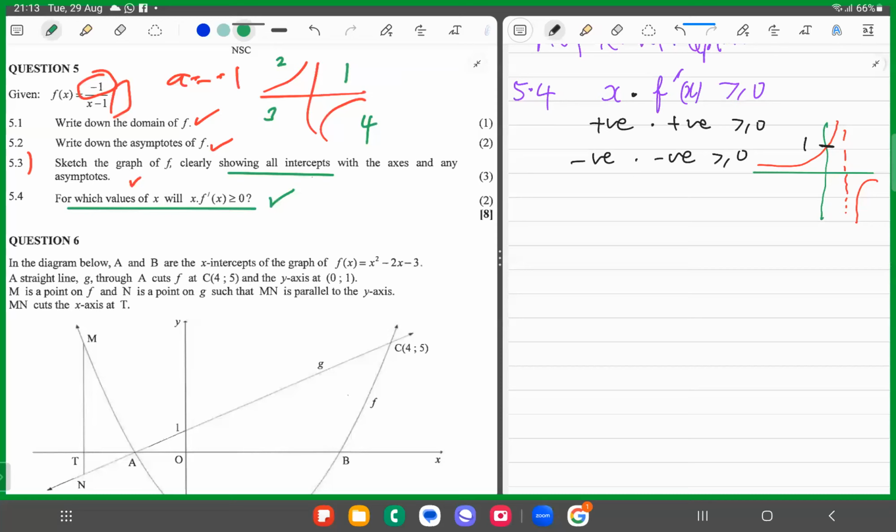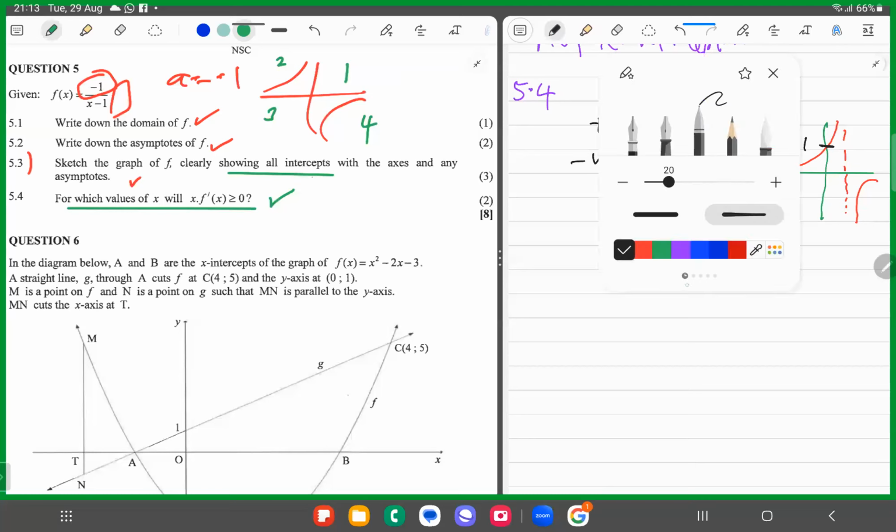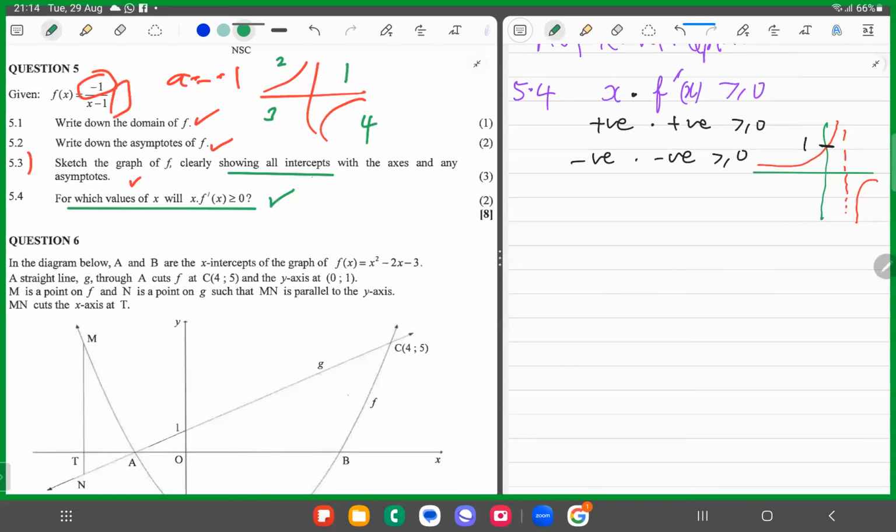Now, so let's continue. What do we have? We have the following. So you must have that x is positive. In the first case, you must have that x is positive. So x is positive here, but also the slope is positive.